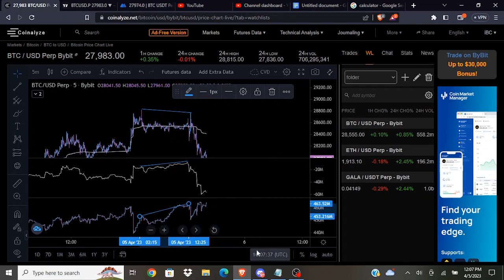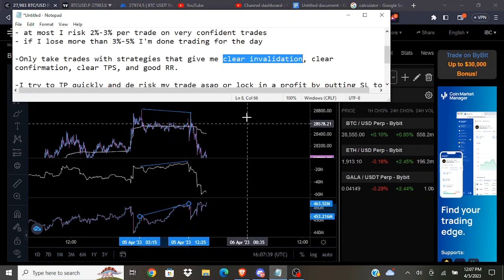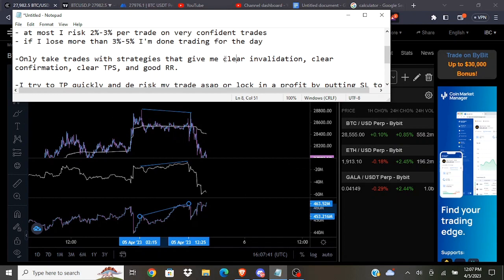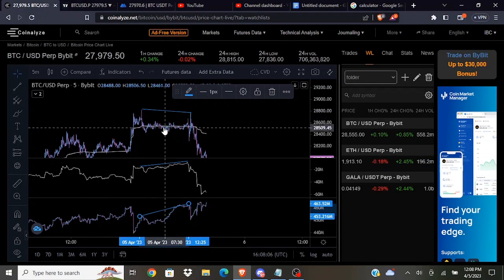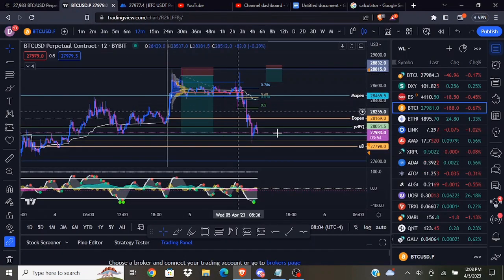So I prefer to use strategies that not only give me clear invalidations, but give me a tight invalidation, that give me clear confirmations. If I don't have clear confirmations, then I'm not going to be confident to take the trade. And the confirmations that I look for are mainly Market Cipher, order flow, and also price action.